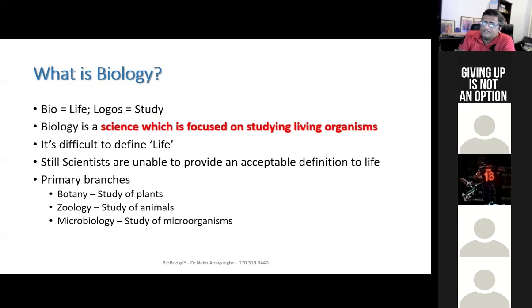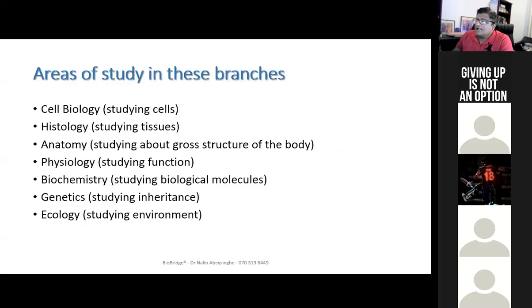So the primary branches of biology are botany, where you study plants; zoology, where you study animals; and microbiology, where you study microorganisms. Then under those 3 branches, we study these areas. Cell biology: we study cells.